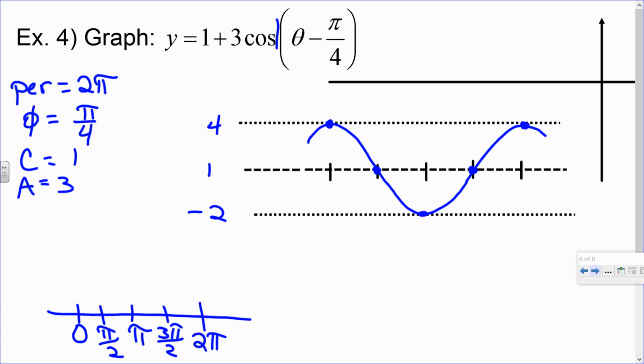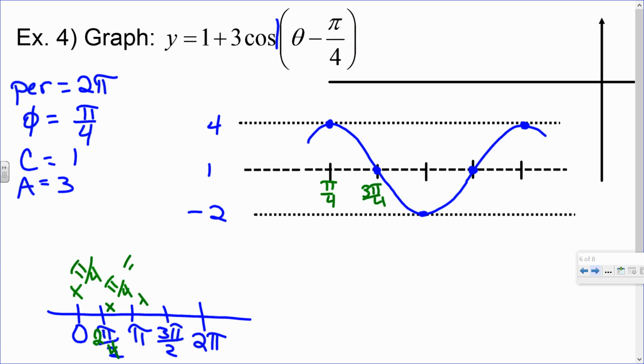Okay, phi is plus pi over 4, so we need to plus pi over 4 for how we're going to label our real ones. So our first one is 0 plus pi over 4. Our second one is pi over 2 plus pi over 4. So let's see, 2 pi over 4 plus pi over 4. What's the second one going to be? So 3 pi over 4.